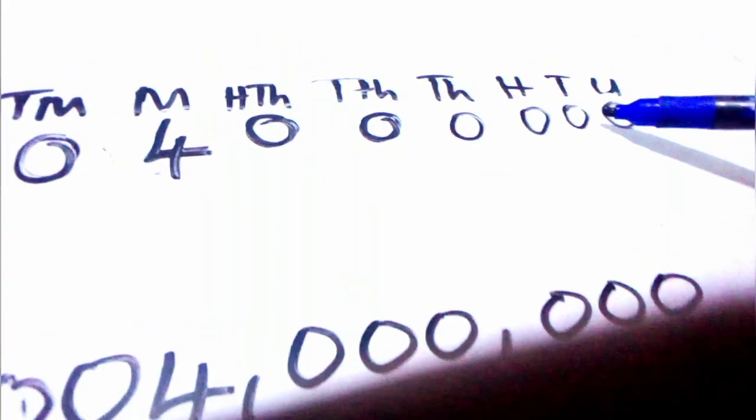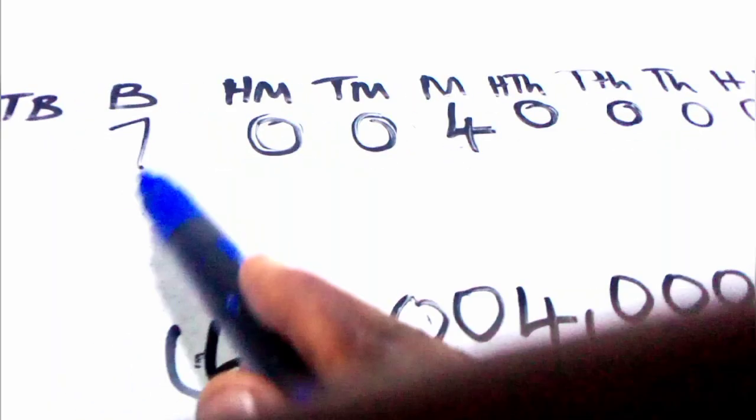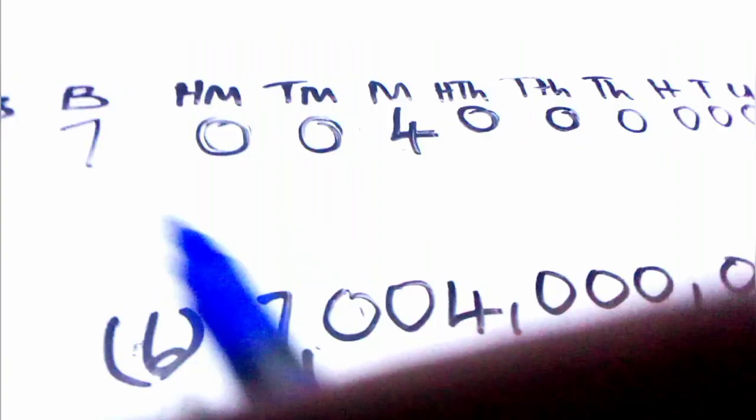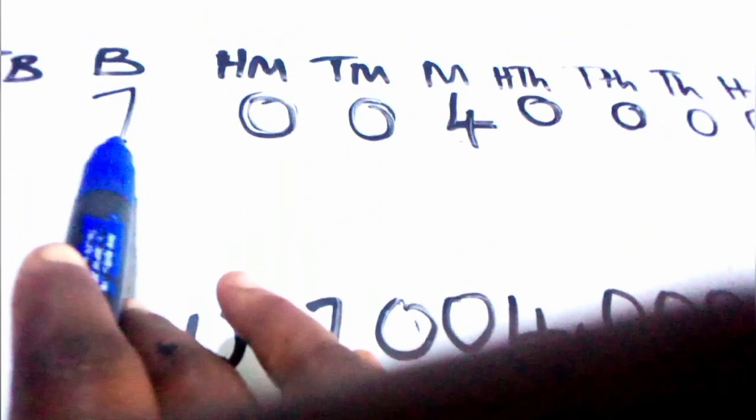All right, let's fix this number. You have seen this number fit in our place value chart. The way it has been fixed, our guess is right, the 7 is in billion, because I said that the commas will tell you where the largest number is. So how do we read this number now? This is 7 billion.